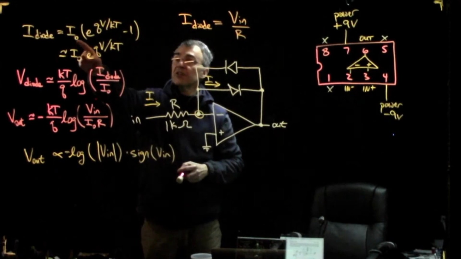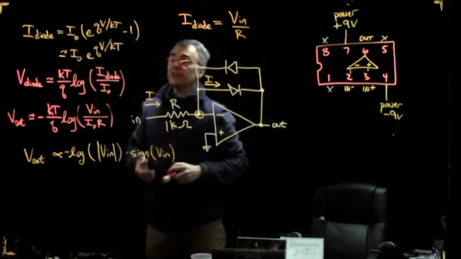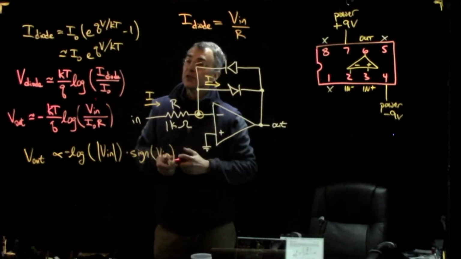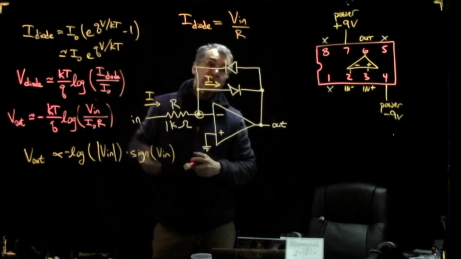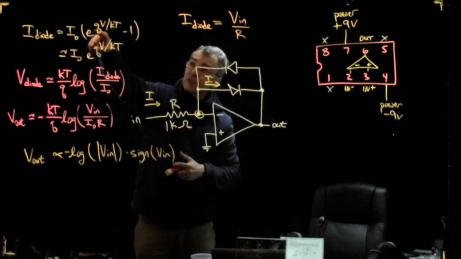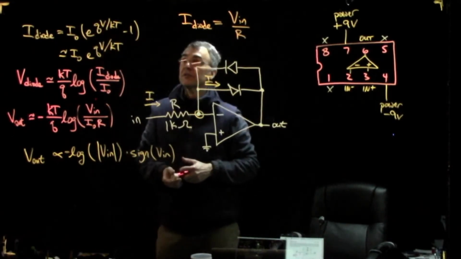I usually just call it I naught, but I sat, times e to the qV over kT. This q is the charge on a proton, but I'm writing q instead of e because it's in an exponential. So e to the charge on a proton times voltage over kT. Sometimes there's a small factor, 1 or 2, out in front of this q, the so-called ideality factor.